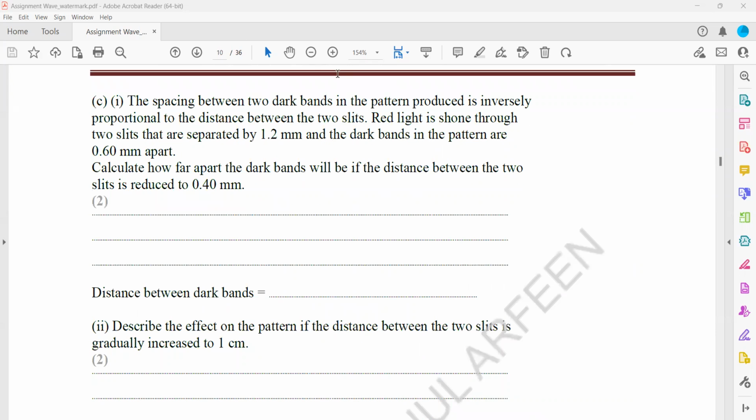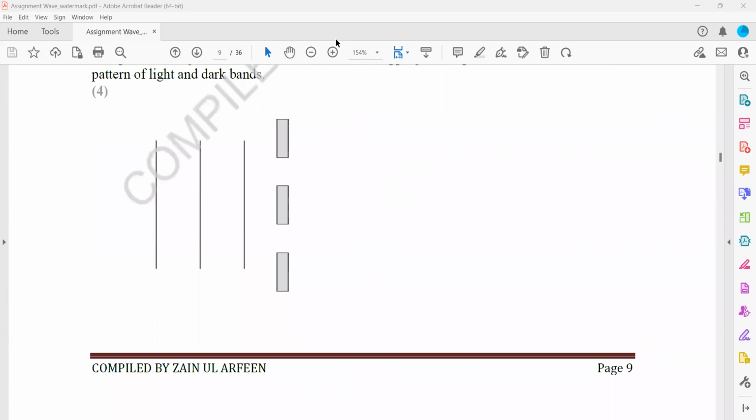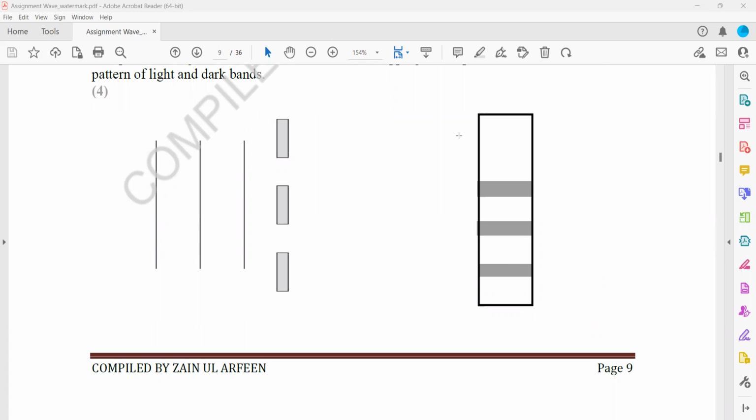Then the spacing between the two dark bands in the pattern produced is inversely proportional to the distance between the slits. What they mean here: say we have the screen there, and we have dark patterns, bright and dark fringes, the lines. So the spacing between the lines is inversely proportional to spacing between the slits.